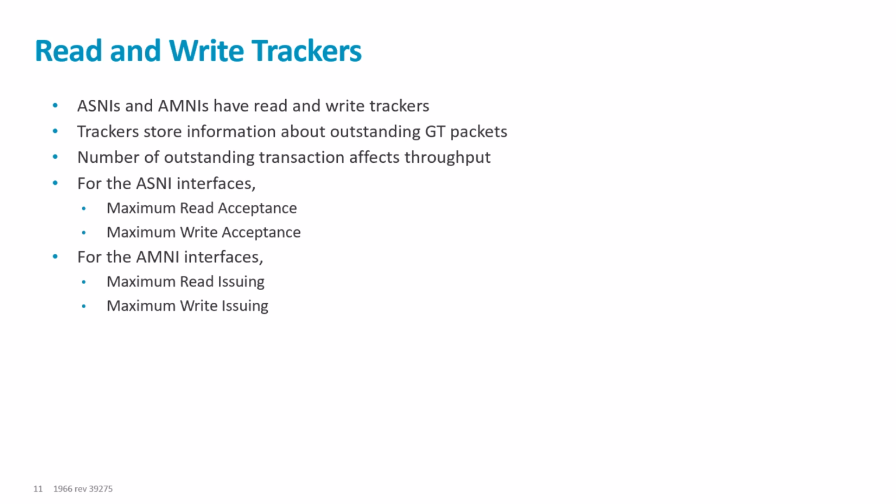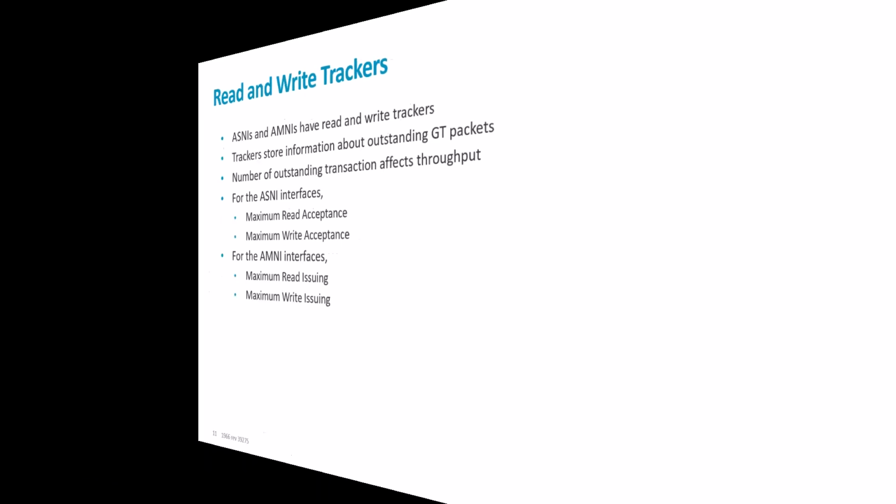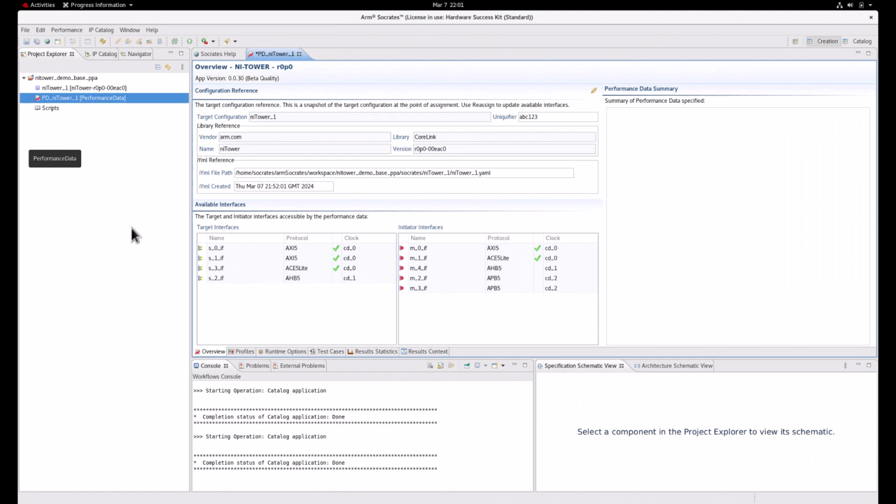If not sure about the requirements, you may start with a higher tracker size, run a performance test case, and use the tracker occupancy reported by the performance tool to refine its size. The performance tool allows you to check if there were any stalls due to the trackers being full. This can be found in the result statistics of the performance test case under the PMU category.